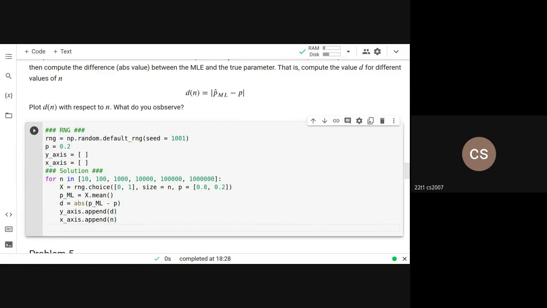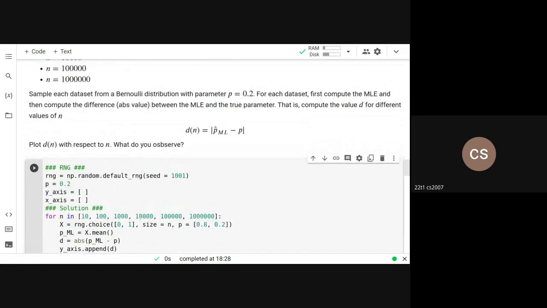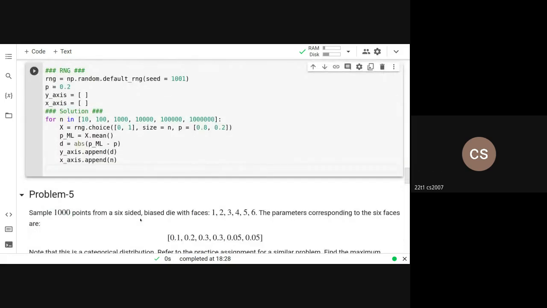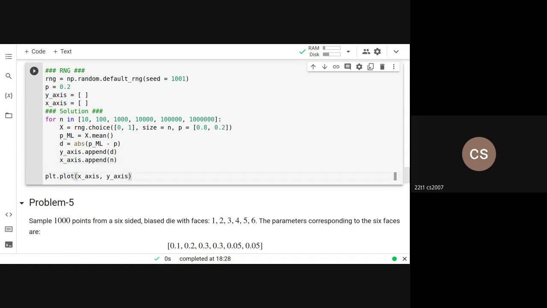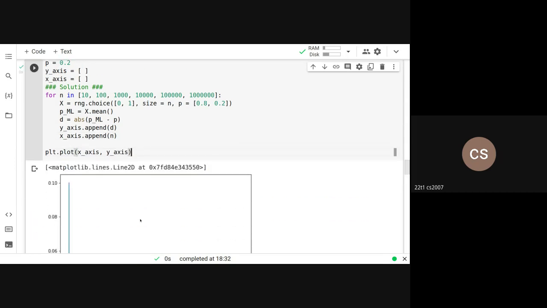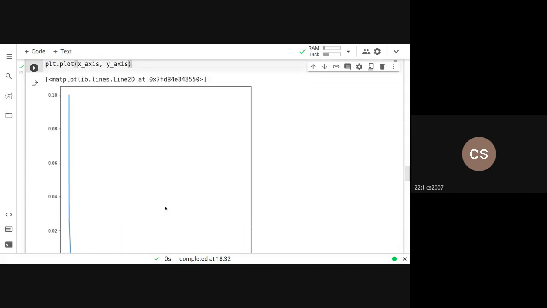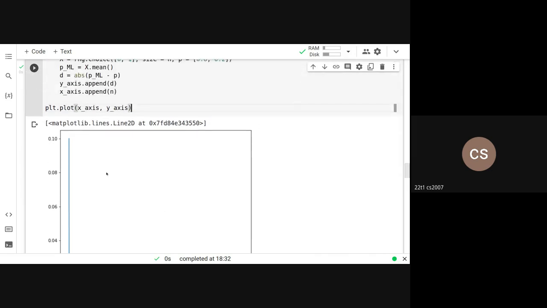Okay, so what are we supposed to do now? We are supposed to plot these two. Let's try a simple line plot. Actually, the line plot may not be the right thing. You just need to do x-axis, y-axis. Let's see what we get. Okay, so this is in millions, this is 1 million, and notice what happens.